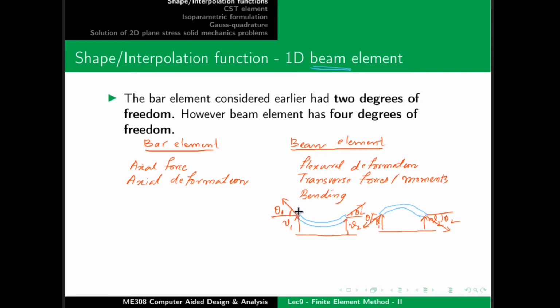So the beam element will have a total of 4 degrees of freedom. The bar element considered earlier had 2 degrees of freedom, however the beam element has 4. So you have to understand the difference between a bar element and a beam element.